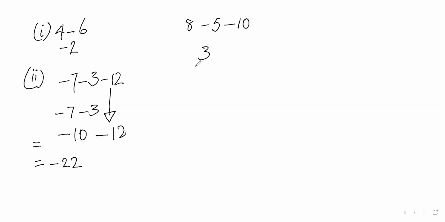No, 8 -5. Sorry. 8 -5 is 3. And then you're -10. So that will give me -7. That's the answer. So you work 8 -5 and then you do the -10.